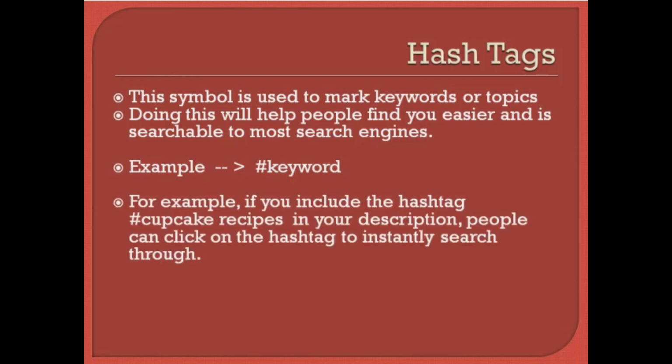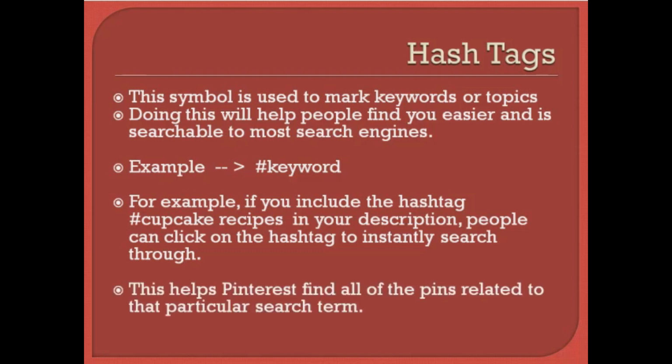For example, if you included the hashtag cupcake recipes in your description, people can click on the hashtag, and the number sign cupcake is going to be highlighted as a link. Whenever somebody clicks on that, they are going to get pictures that relate to cupcakes. And this helps Pinterest find all of the pins related to that particular search term.